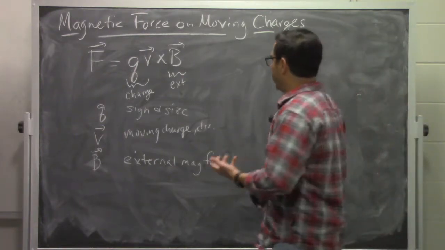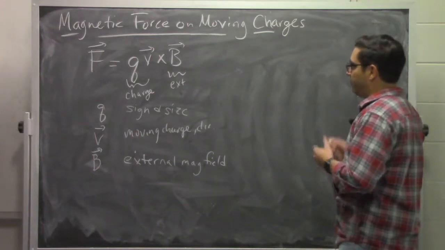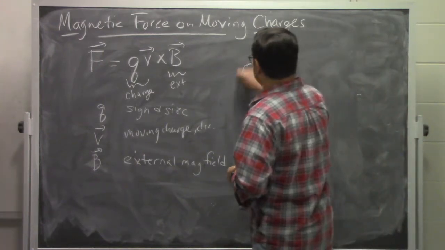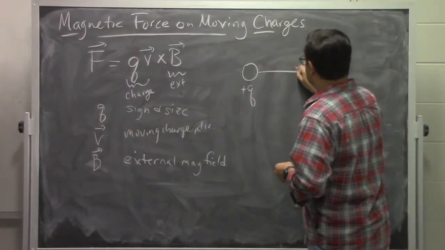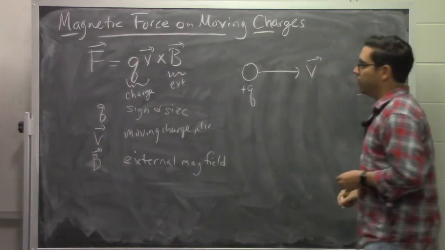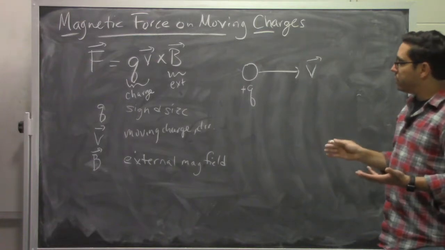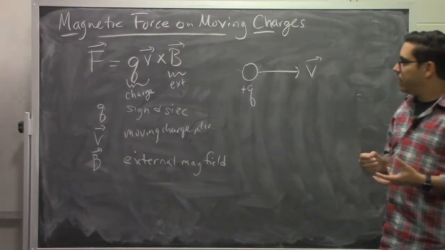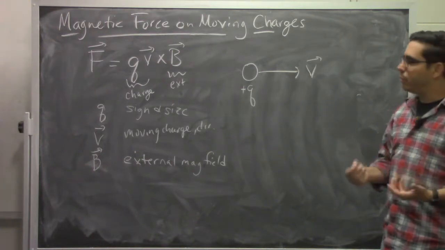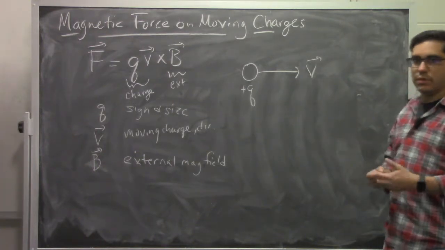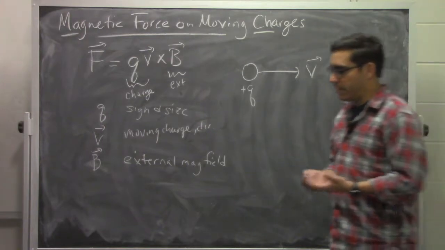So we can make a little bit of sense of this, right? If, for example, I have some charge here, let's say it's a positive charge, and it's moving to the right. In that situation, if there's a magnetic field applied, then this charge is going to feel a magnetic force. It's going to experience a push or pull due to its interaction with the other charges that are producing the magnetic field.